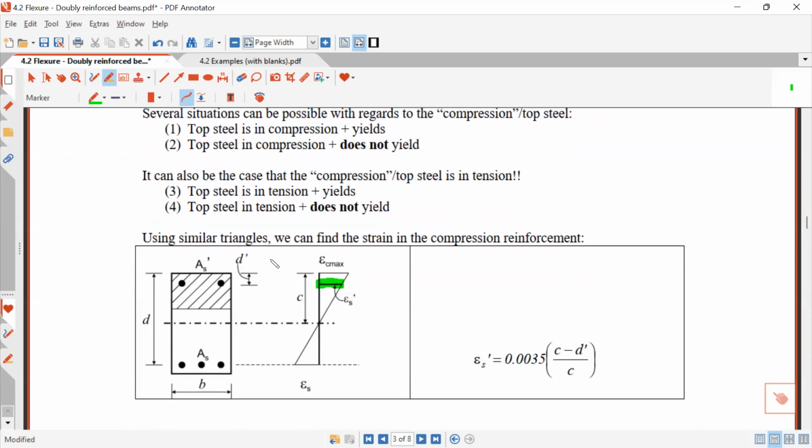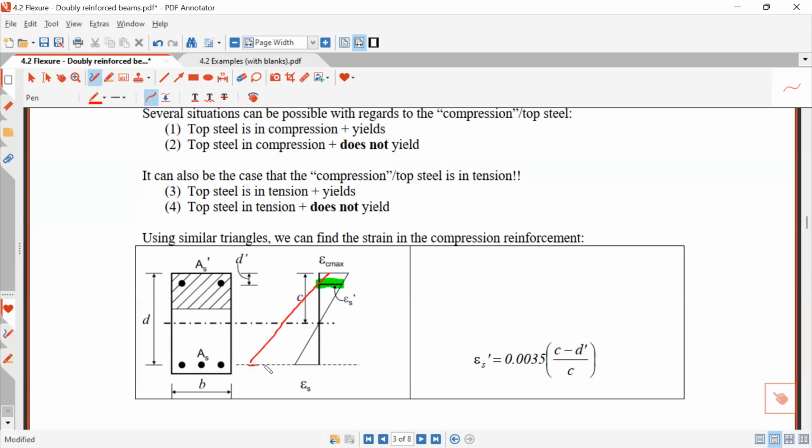Okay, and then there's an even more extreme situation. The neutral axis depth can be so high, it can be above this top layer of steel, even above here. So it can be like this, right? If we have a very lightly reinforced beam, it can happen. The neutral axis can come like here, something like that.